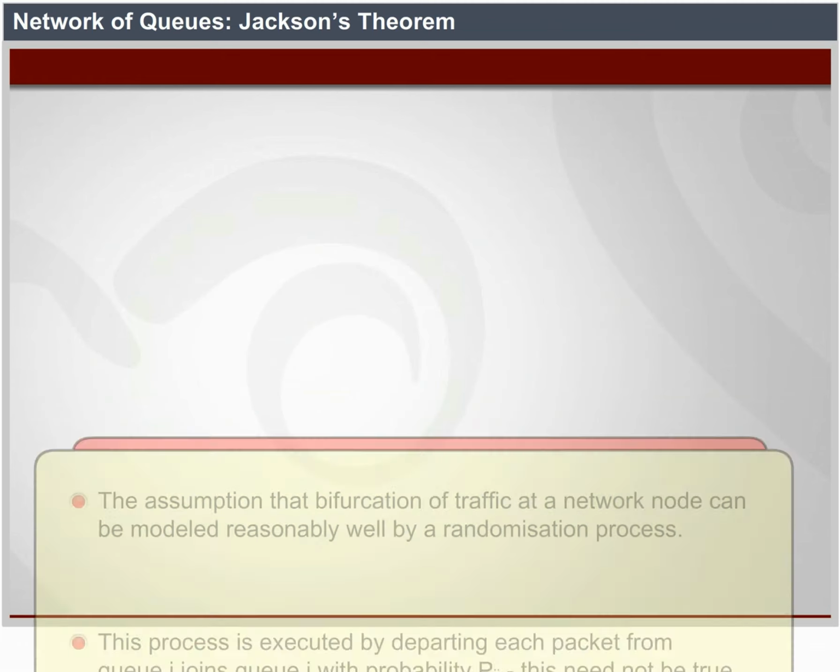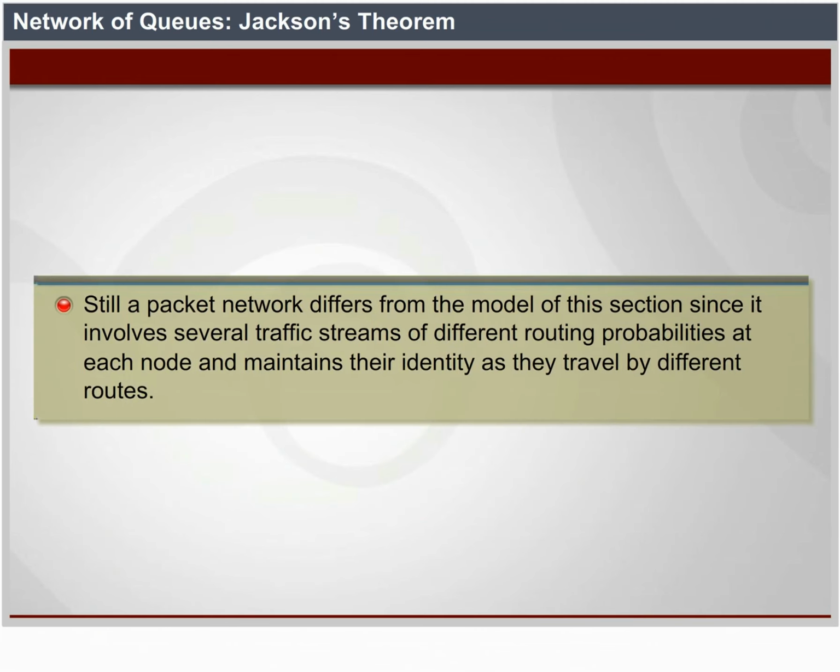Still, a packet network differs from the model of this section because it involves several traffic streams which may have different routing probabilities at each node and which maintain their identity as they travel along different routes.